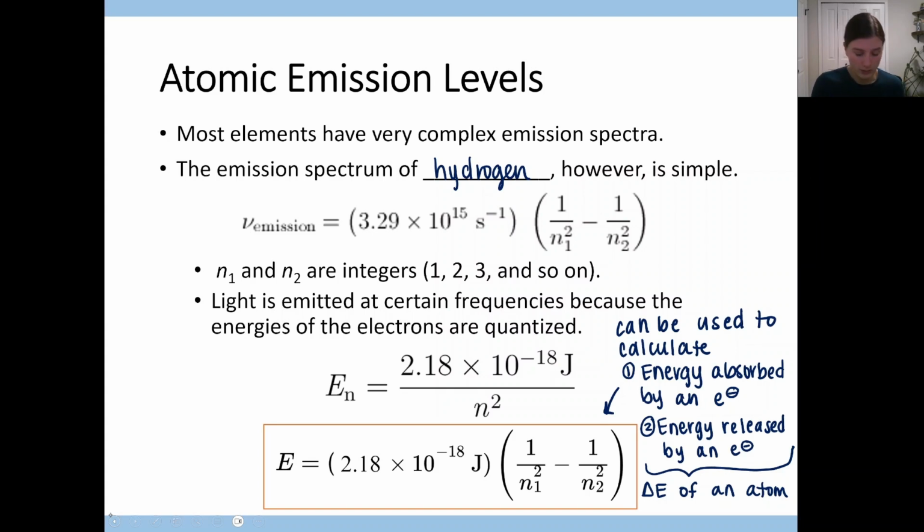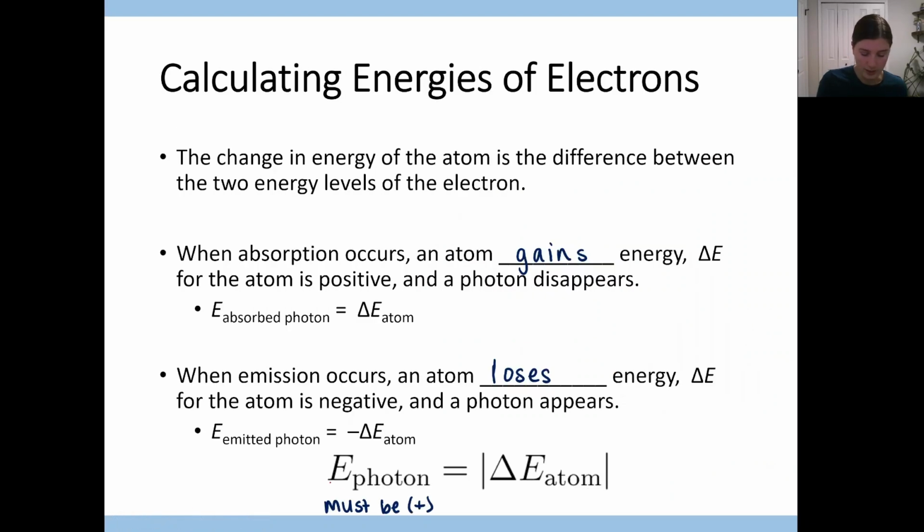This is also equal to the energy of the photon that is absorbed or released. So an atom must absorb a photon for an electron to increase in energy level. If an electron decreases in energy level, then it releases a photon.